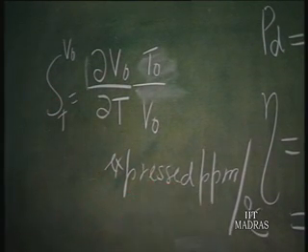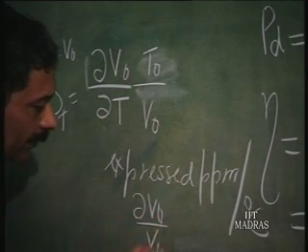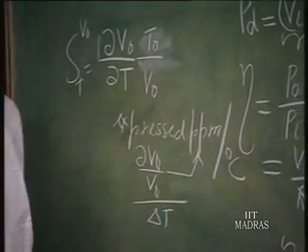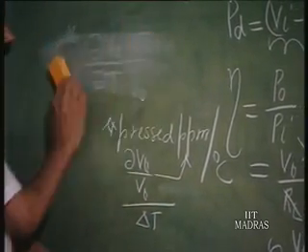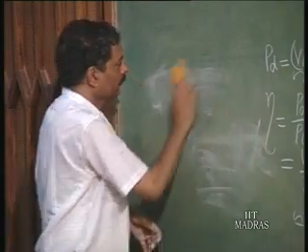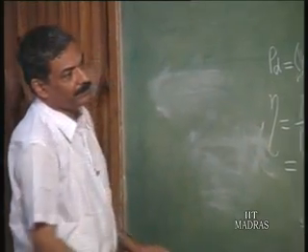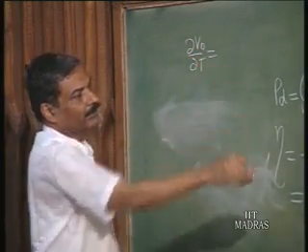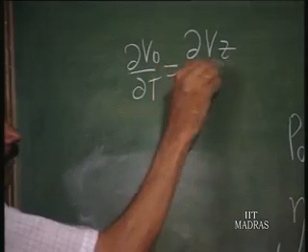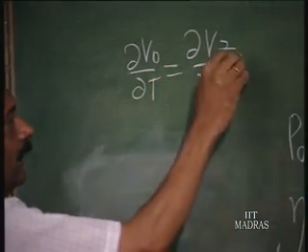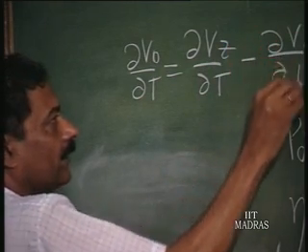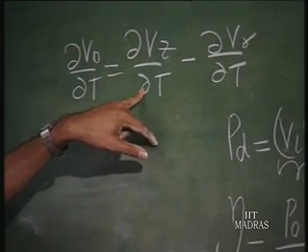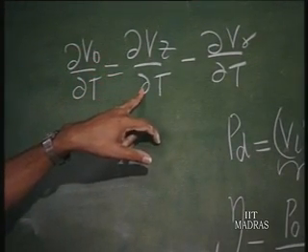We want this ratio, which is delta V naught by V naught, expressed as parts per million per degree centigrade, per delta T. So, we can find this out by finding delta V naught by delta T, which is equal to delta Vz by delta T minus delta V gamma by delta T, both of which will be given by the manufacturer.